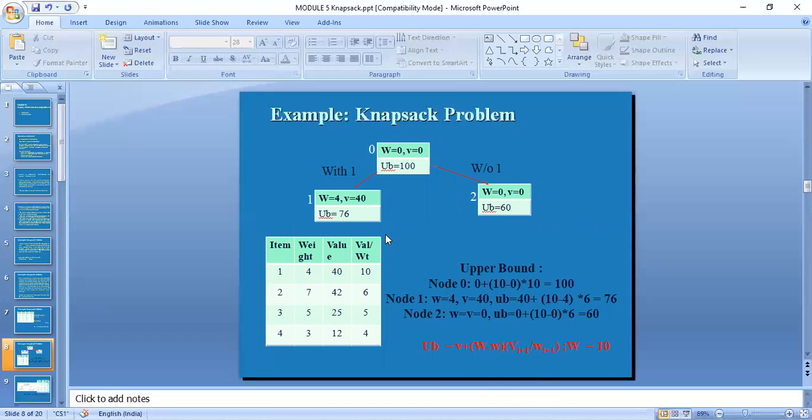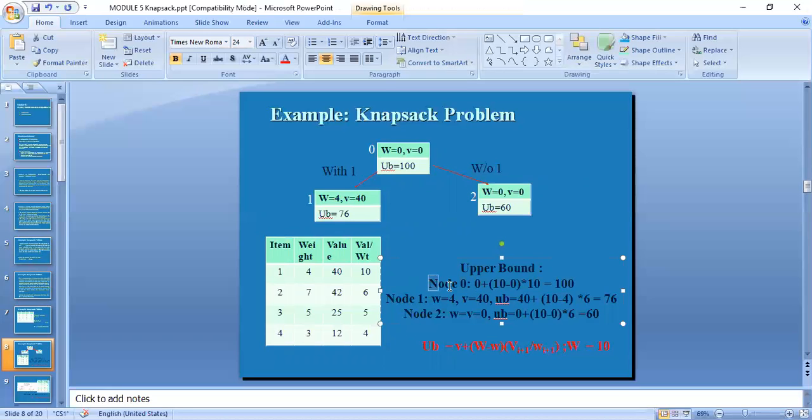So the formula says we first have to calculate for node 0, and obviously for a root node we will not consider any element, so the weight will be 0 and the value will be 0. Now, how do we compute the upper bound value for node 0?